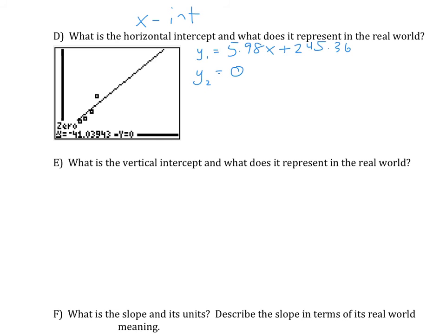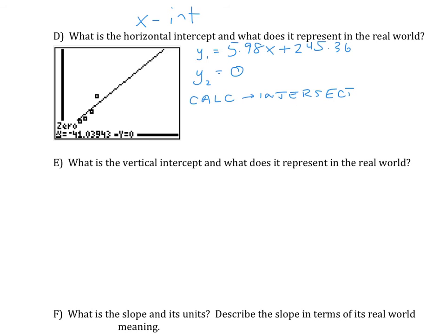Okay? So if you do this, now you are going to calculate the intersection. So you're going to go through, okay, are you on the first curve? Yes, enter. Second curve? Yes, enter.